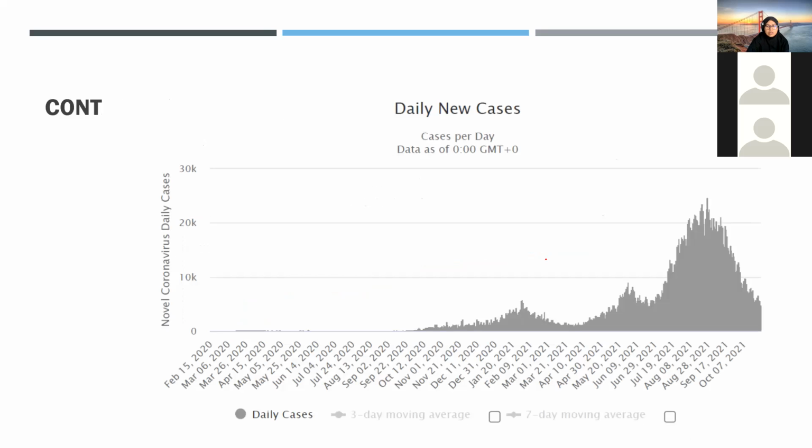You can see that this is the first wave, second wave, and the third wave. So you can see how government policies play a big role in determining whether the wave is going to increase or decrease and so on.